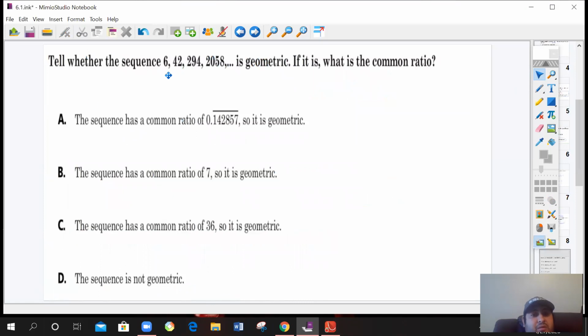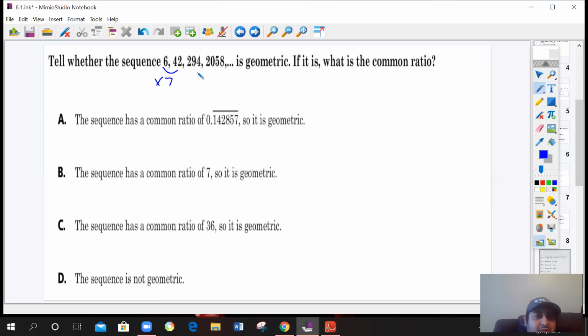Tell whether the sequence 42, 294, 2058 is geometric. If it is, what is the common ratio? All right. So from here to here, we notice that it's being divided by 7. But, my bad, it's not dividing. From here to here is multiplying by 7.